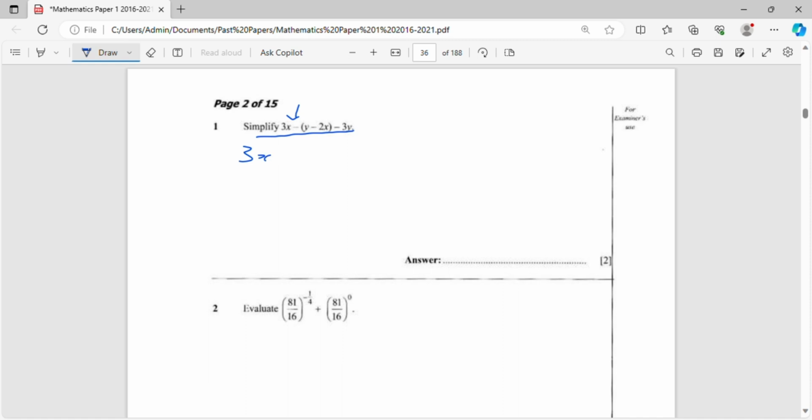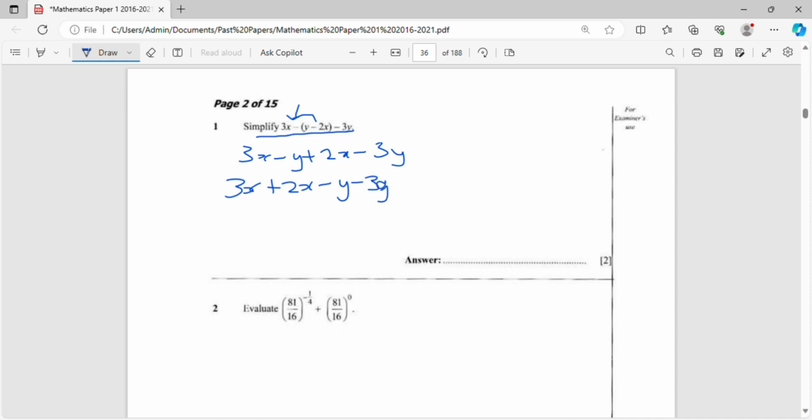Negative multiplied by y will be negative y, and negative multiplied by negative 2x will be positive 2x. Then the rest of the expression, negative 3y. So 3x plus 2x, we're grouping the like terms, minus y minus 3y.